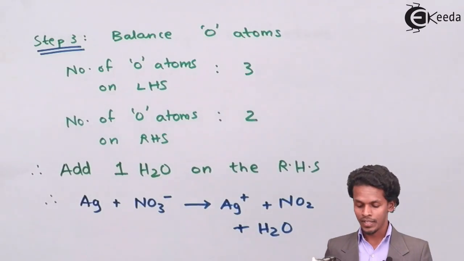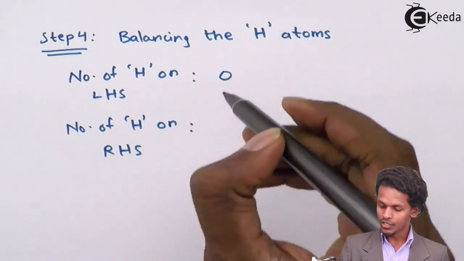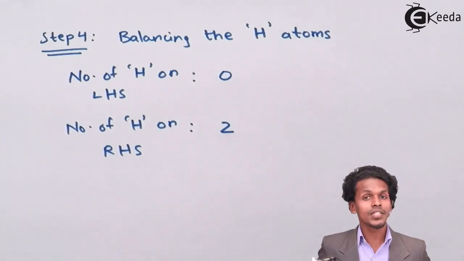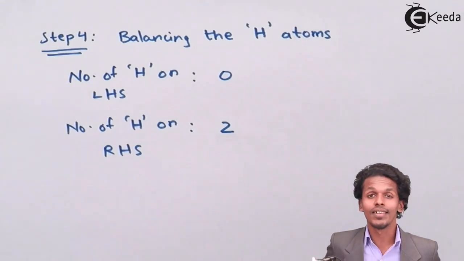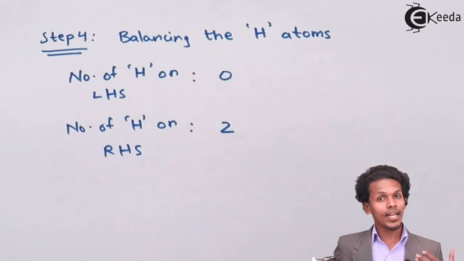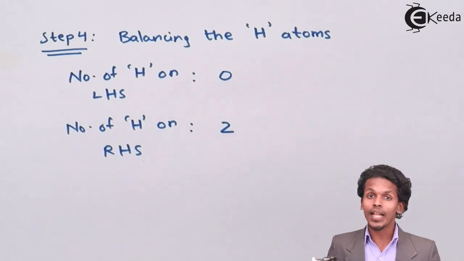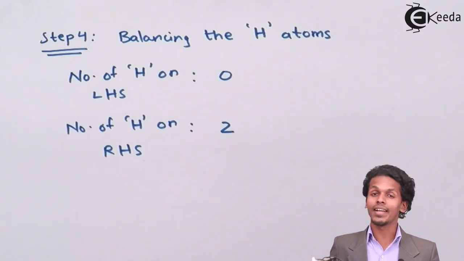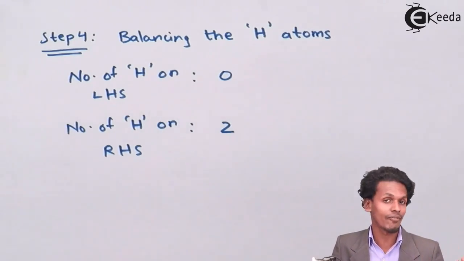So I will write 0 here and 2 here. There is a deficiency of hydrogen atoms, but on which side? On the reactant side. So what I'm going to do is add 2 times H plus on the left hand side.